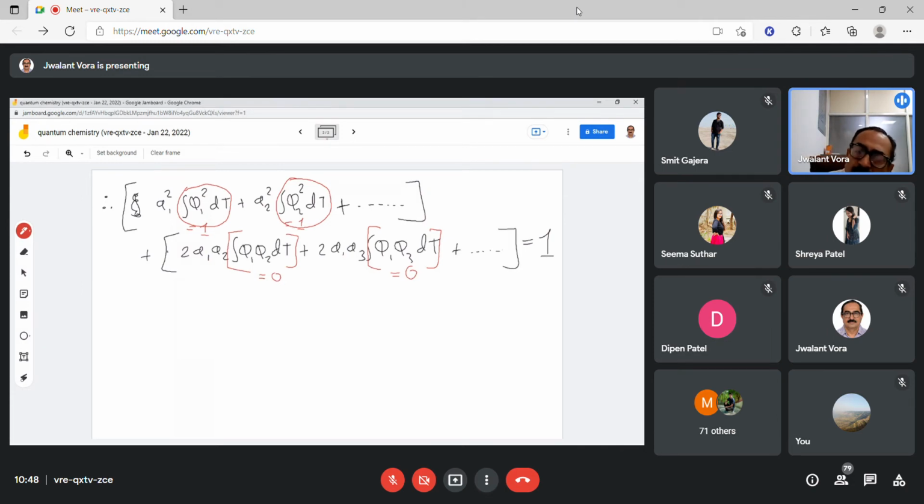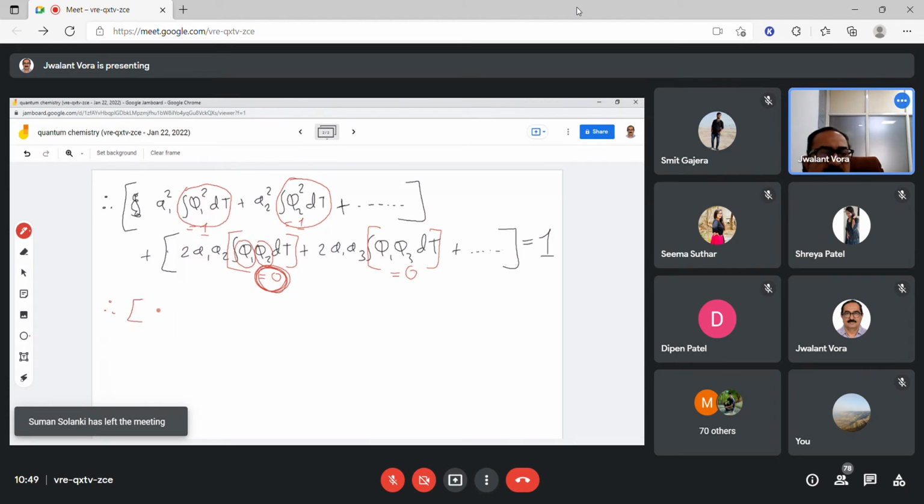Normalization, કોઈ પણ એક wave function multiplied with itself, integrated, answer is equal to 1. Any two different functions multiplied, integrated, that is representing orthogonal condition.